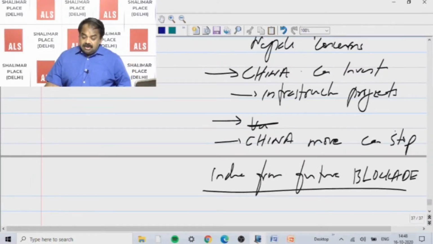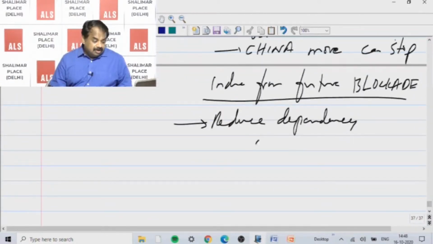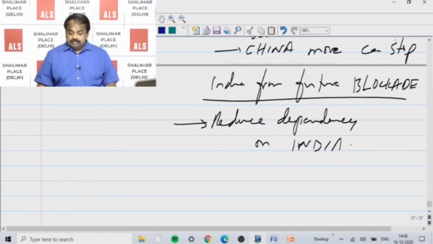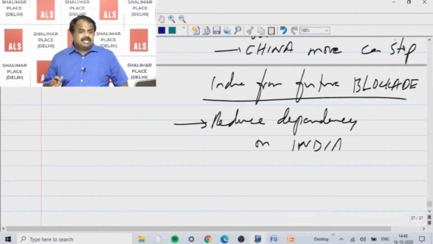So it will definitely reduce, they also want to reduce dependency on India, even though it is not that easy. See, China is never a communist country.